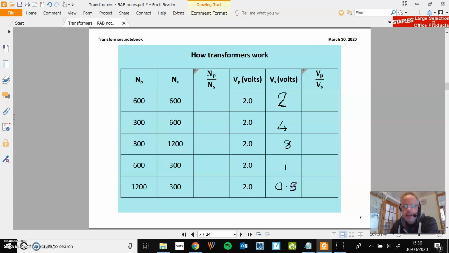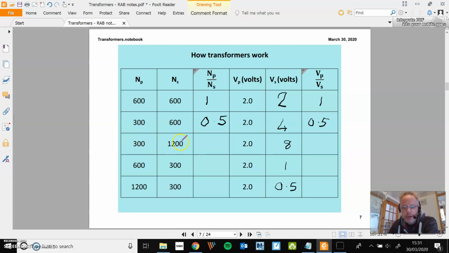Okay, now if we start looking at what all this is telling us, if we look up here, 600 to 600, if we compare 600 over 600, that's equal to 1. If we compare 2 over 2, 2 over 2 is also equal to 1. If we compare 300 to 600, that's a half. And 2 to 4, that's a half as well.